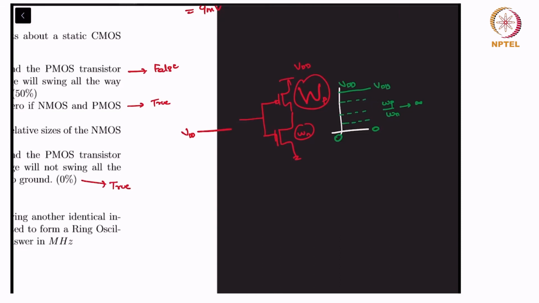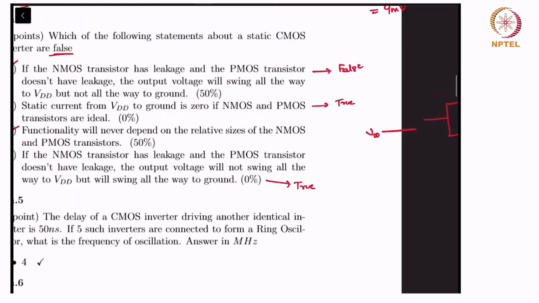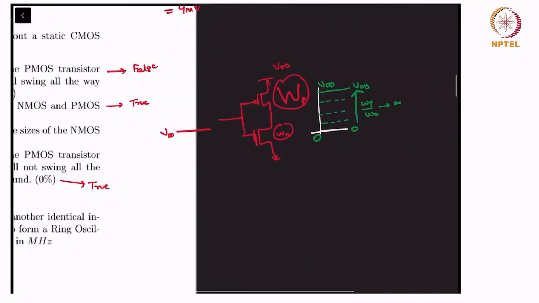Of course, only as long as the output voltage is less than Vm, the trip point, will we say that it is a functional inverter.